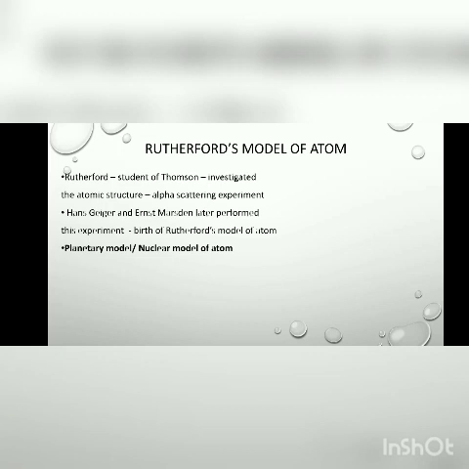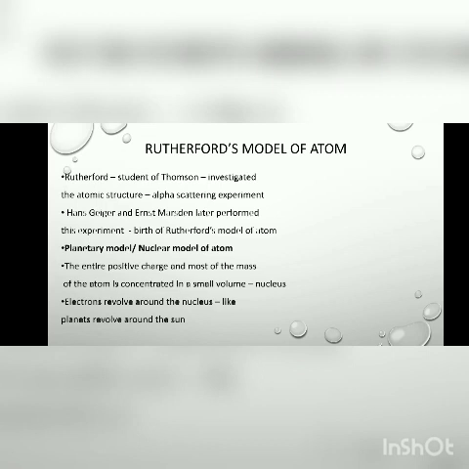This Rutherford model is also known as the planetary model or nuclear model of the atom, because the entire positive charge and most of the mass of the atom is concentrated in a small volume called the nucleus. So the Rutherford model came up with the concept of the nucleus first.